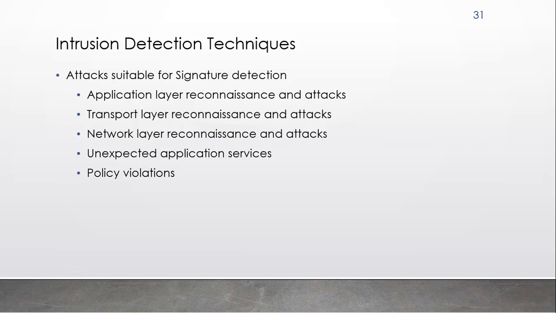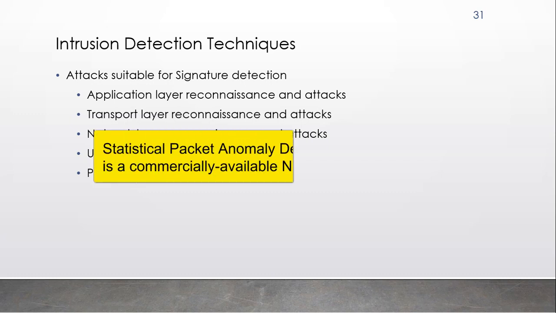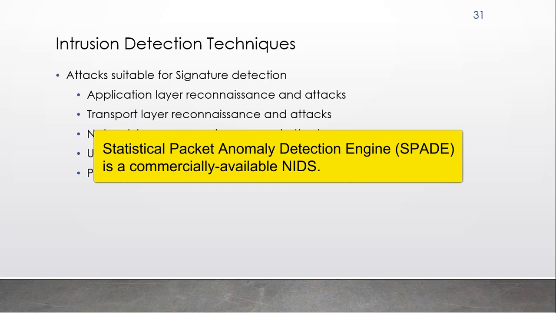As with host-based intrusion detection, network-based intrusion detection makes use of signature detection and anomaly detection. Unlike the case with HIDS, a number of commercial anomaly NIDS products are available. One of the best known is the Statistical Packet Anomaly Detection Engine, or SPADE.